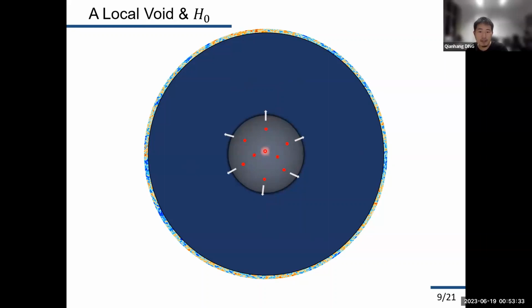Therefore, in our observation, we will obtain a higher measured Hubble parameter, which causes the Hubble tension. And because we want to include all the detected type 1a supernovae inside the void, this void should be of GPC scale.